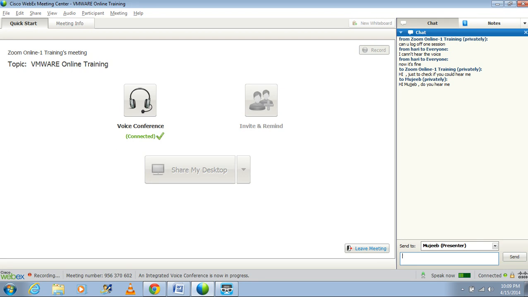Let me inform you about the infrastructure we have in our data center here in Hyderabad. In the Zoom's data center, we have enterprise class servers, blade servers, and storage available.